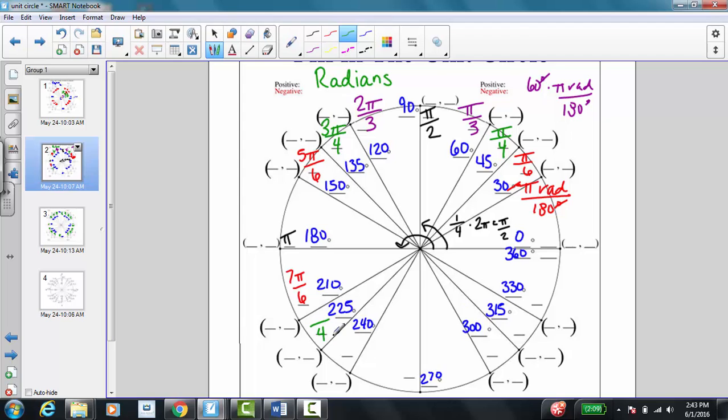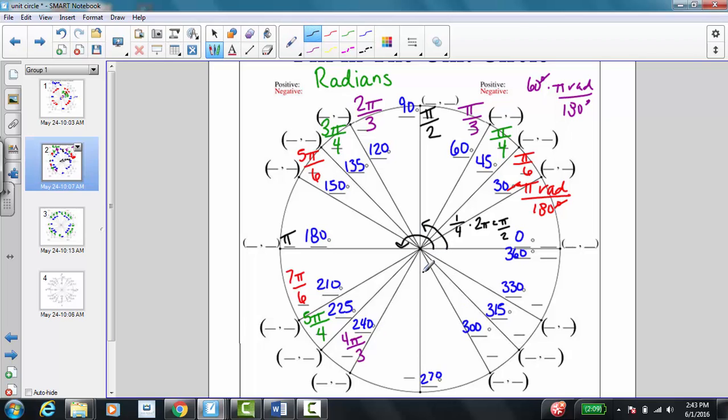For 225 degrees, I would have 5 pi over 4. And for 240, that would be 4 pi over 3.